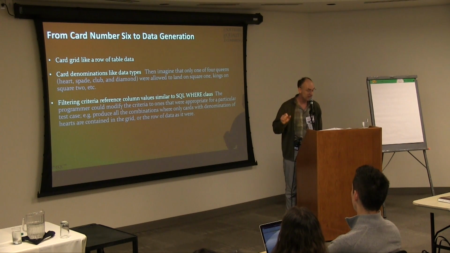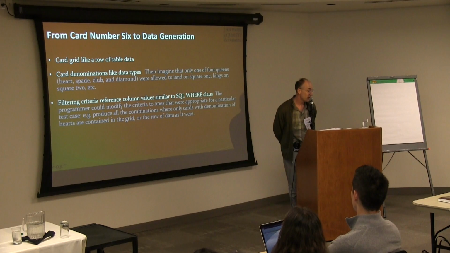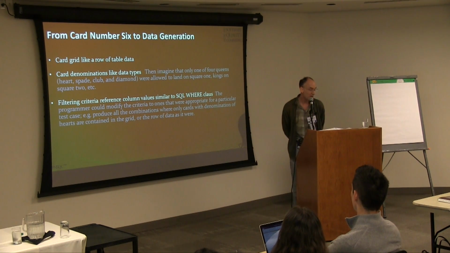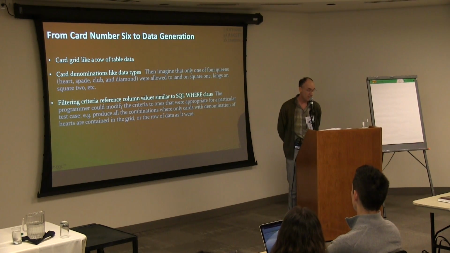Now we're going to make the jump to test data generation from card number 6. There are important similarities. Imagine now that the card grid is like a row of table data, the card denominations like data types. So, for instance, square 1, let's say we wanted to make sure that it were a queen.